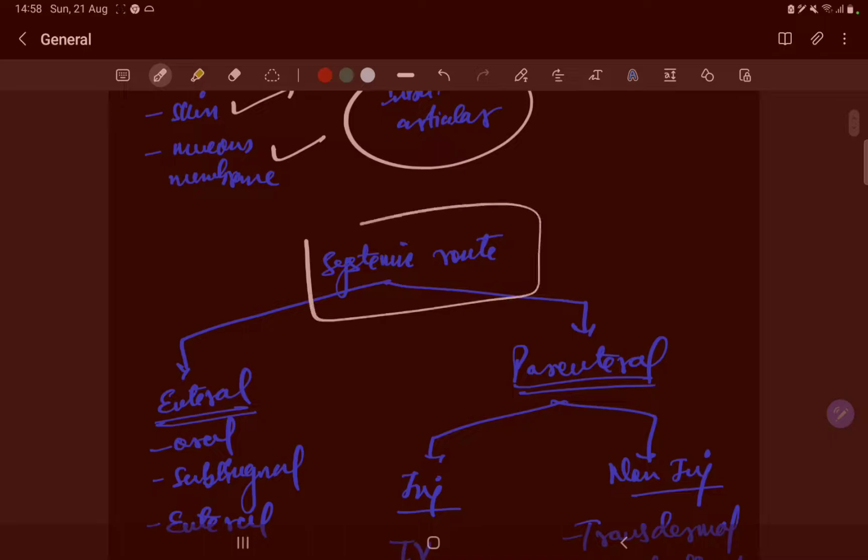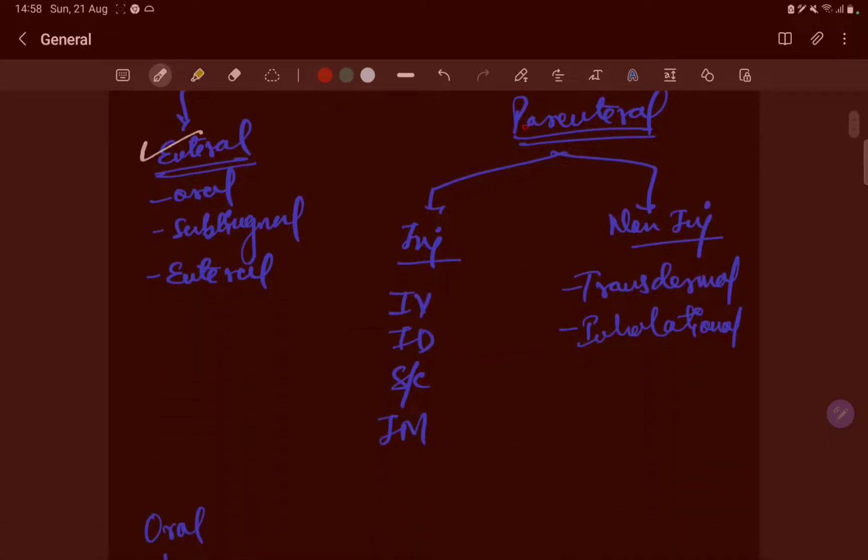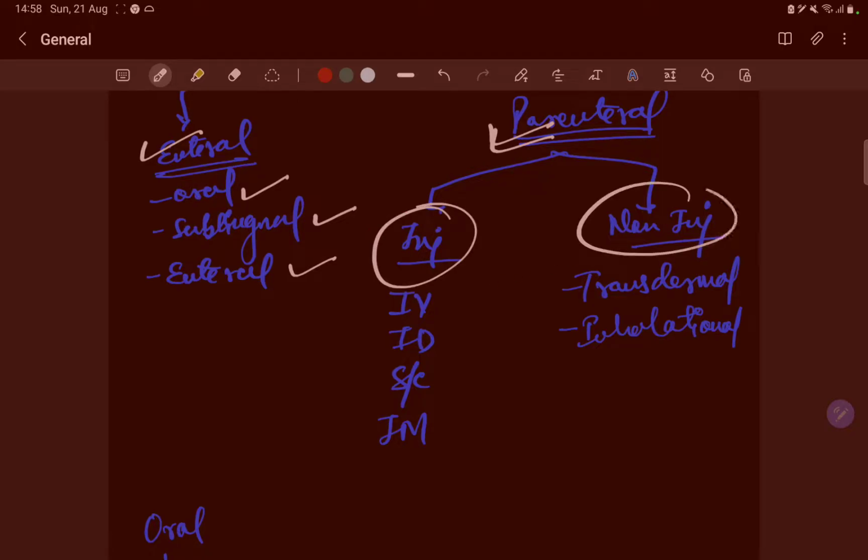Okay. What about the systemic route? Enteral and parenteral. In the enteral there is oral, sublingual, rectal, and the parenteral is injectable and non-injectable. In the non-injectable, very important are transdermal and inhalational, because these are non-injectable parenteral.